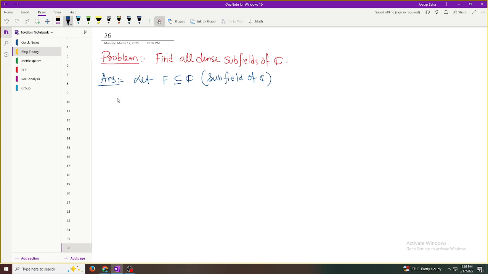As the characteristic of C is 0, this implies the characteristic of F is also 0.